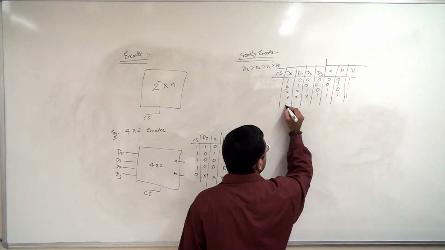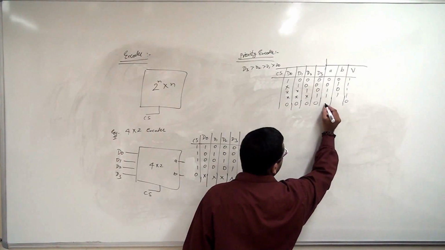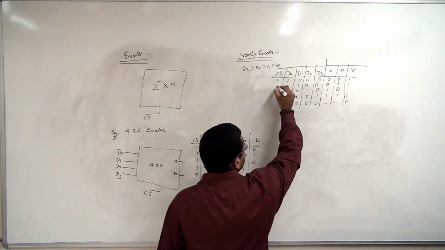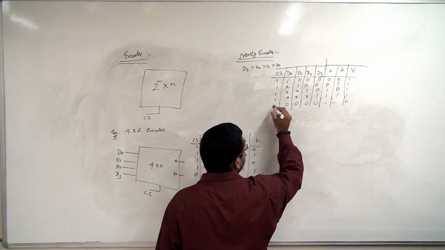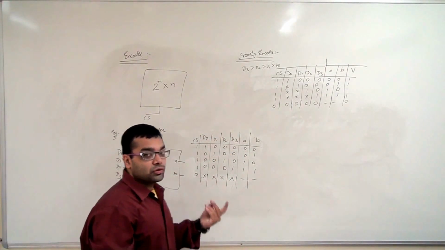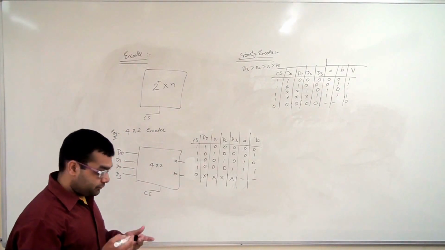In case all are 0, this becomes invalid. Alright, this is how we draw the circuit of a priority encoder.